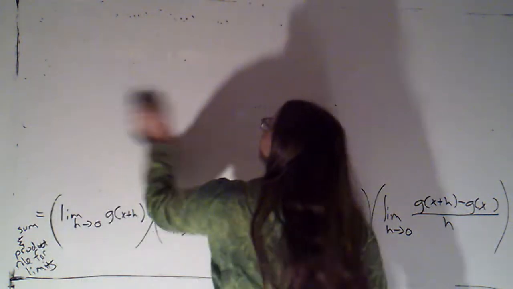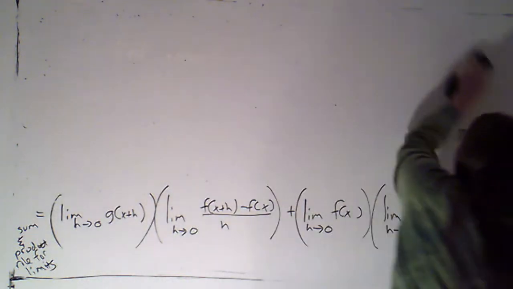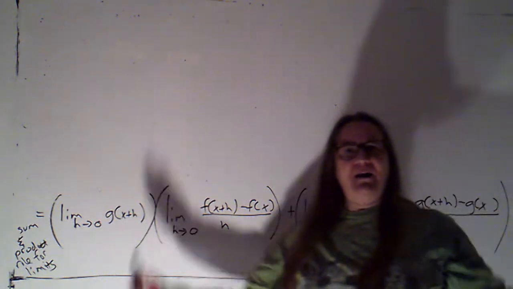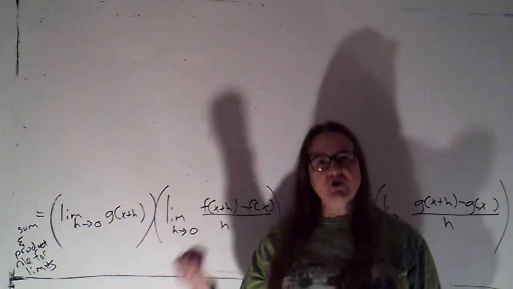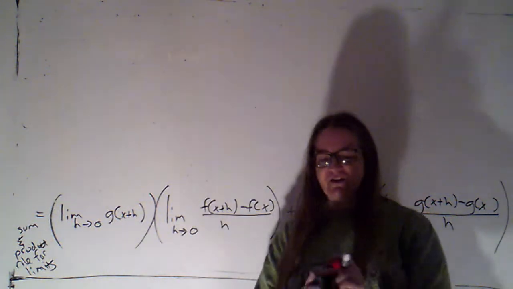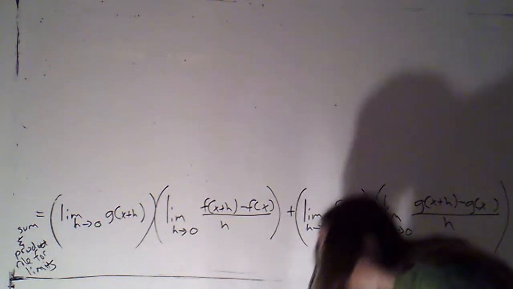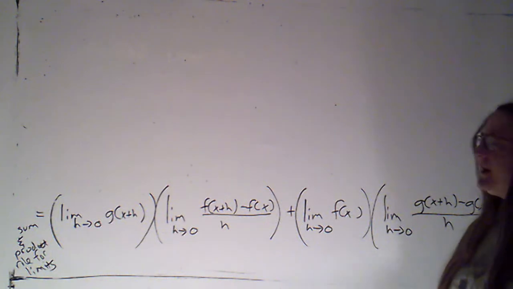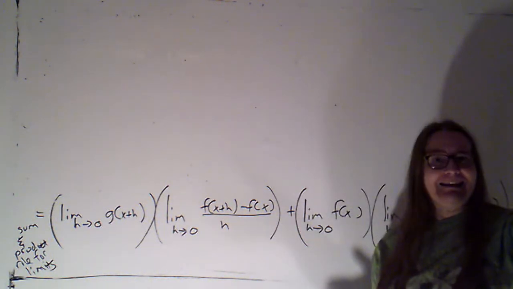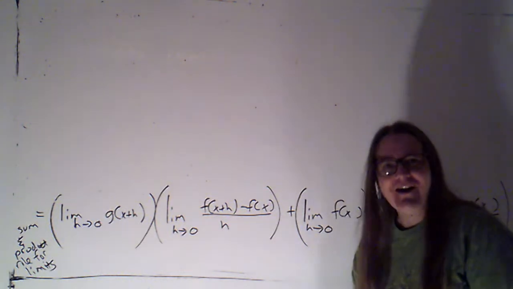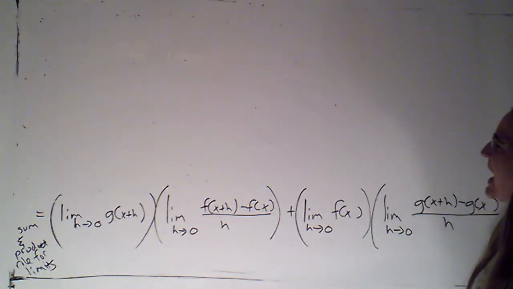If I have a function that isn't differentiable, I have no reason to expect that when I multiply it by another function, suddenly it becomes differentiable. So we're starting with two differentiable functions, f and g. Okay, so in your notes, you might want to go back to the beginning of this problem and just write that in. I apologize that I forgot to state that earlier.